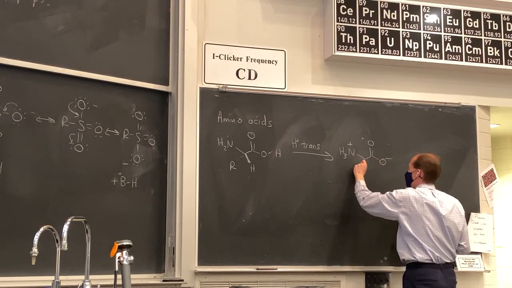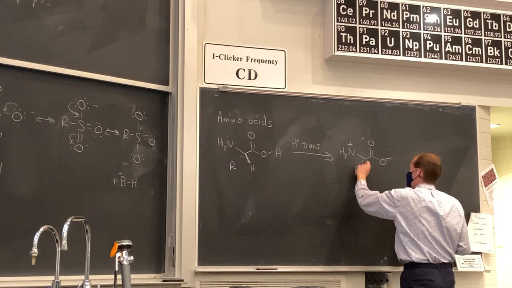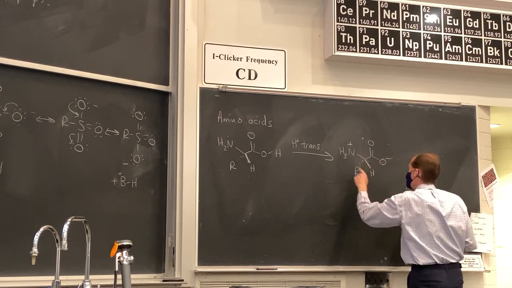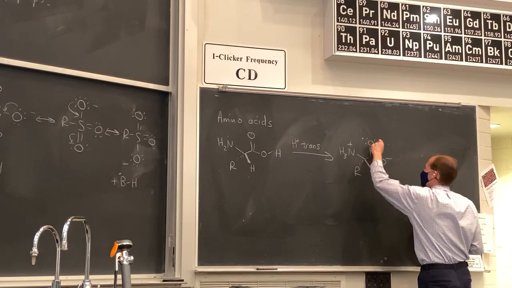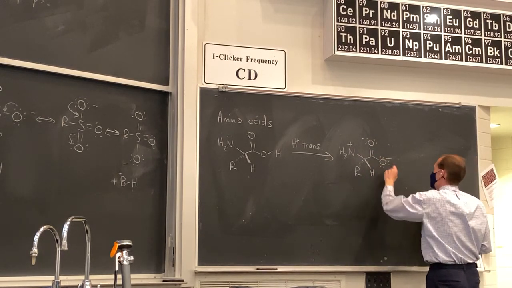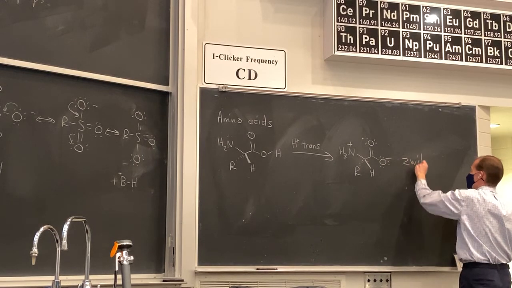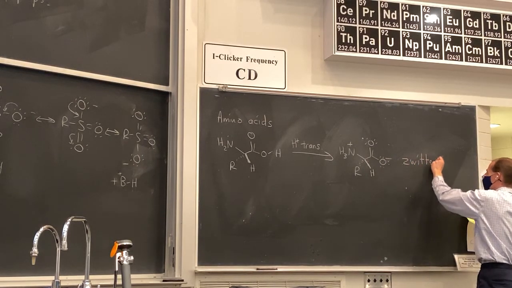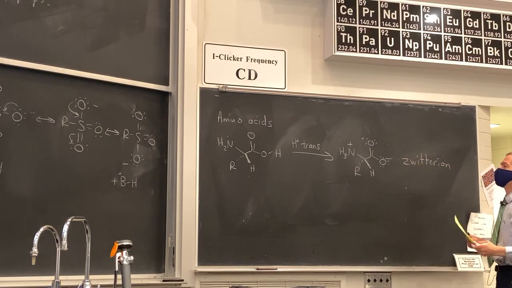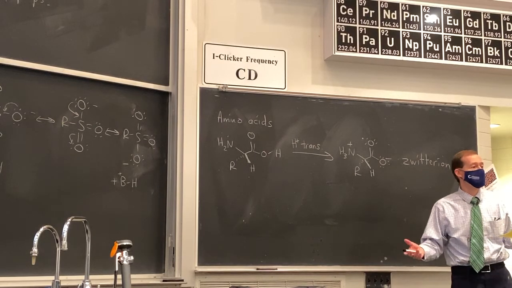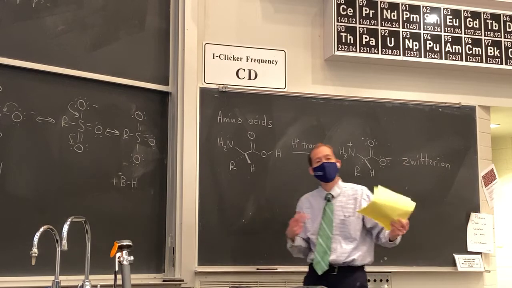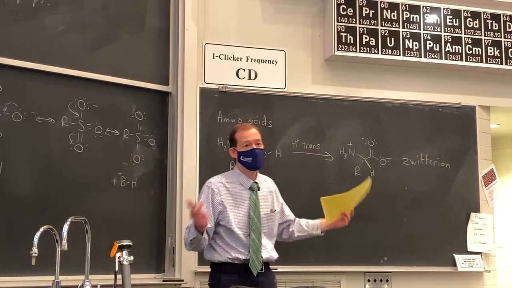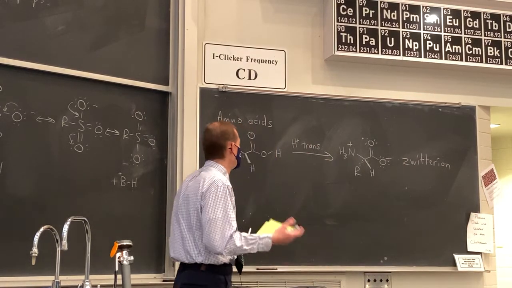And the most stable form would be this species with 2 formal charges, which is known as a Zwitterion. This is a German word. Zwitterion means internal salt. So if you have a molecule with 2 charged atoms, that's an internal salt, or a Zwitterion.